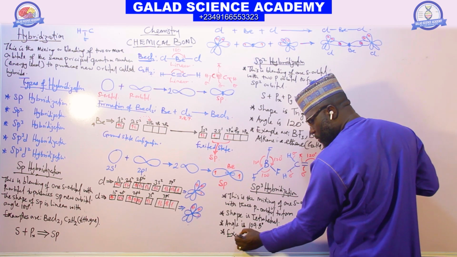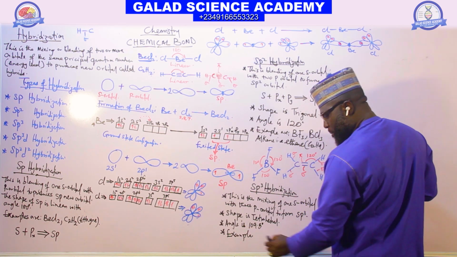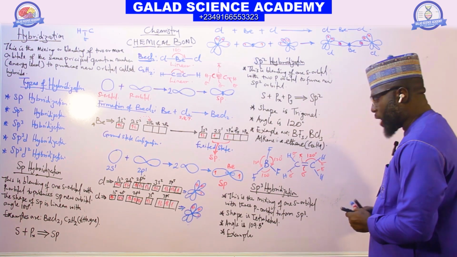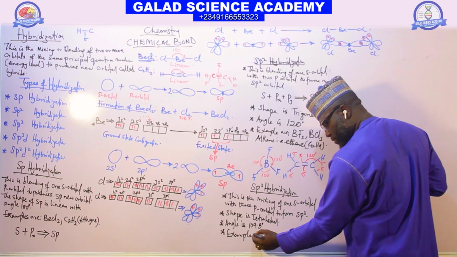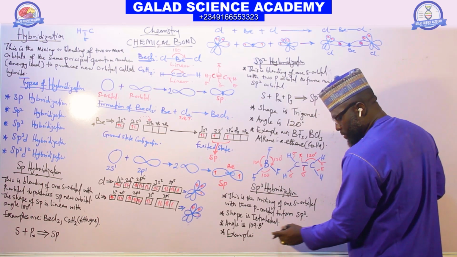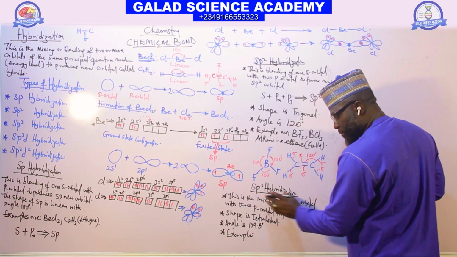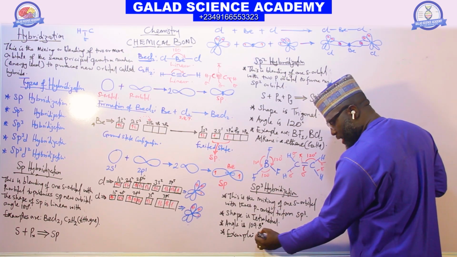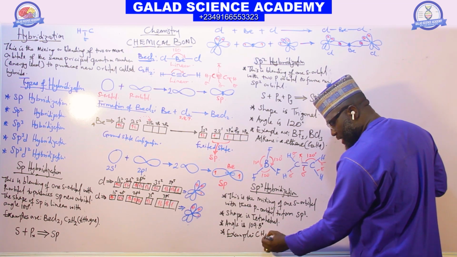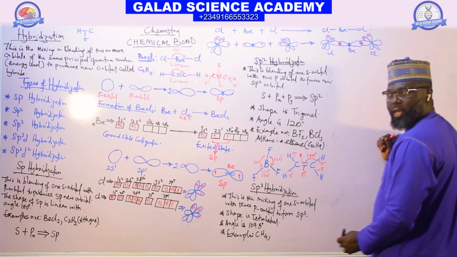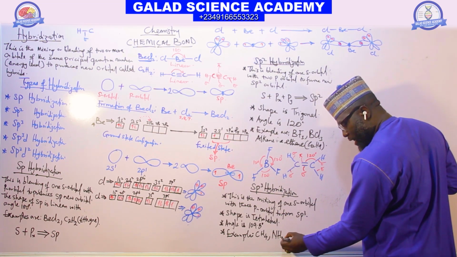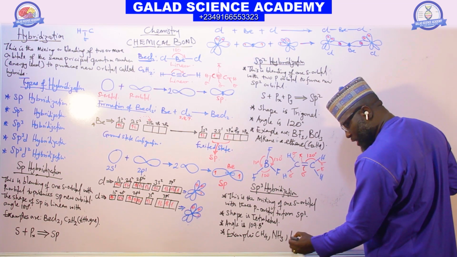Examples of molecules with sp3 hybridization: methane, CH4; ammonia; and H2O, water.